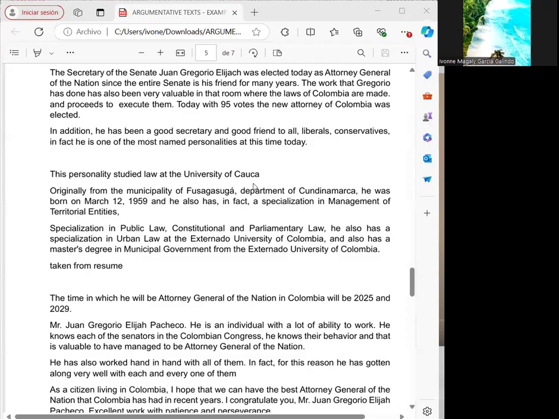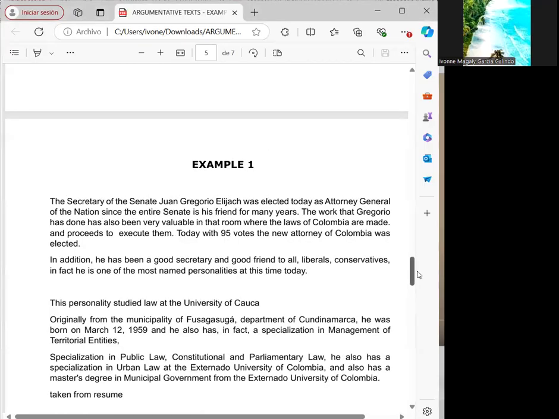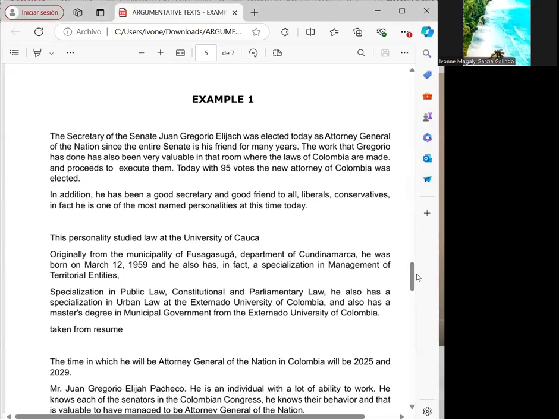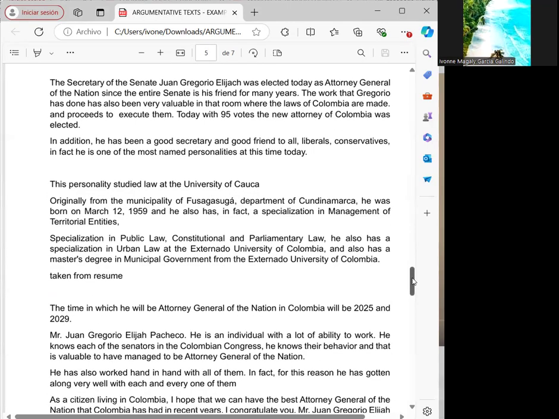She's giving evidence and reasoning why he's going to be a good attorney. But she's not giving the counter arguments, and the previous, let's say, debates which were open in Colombia before he was elected.